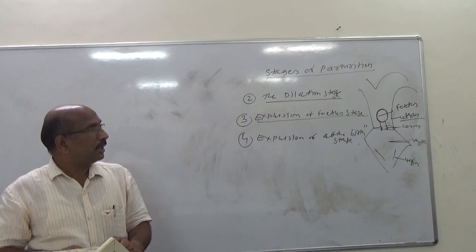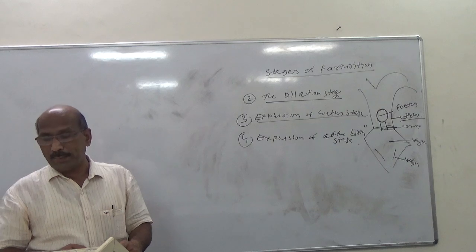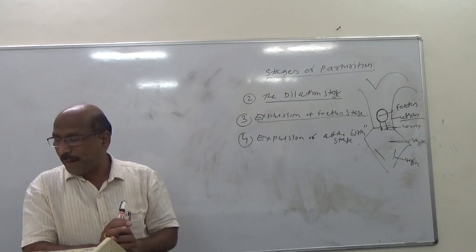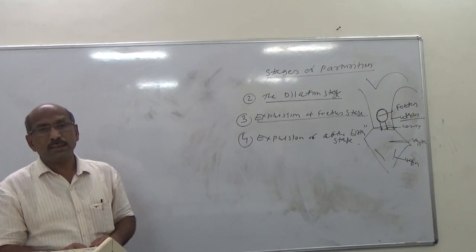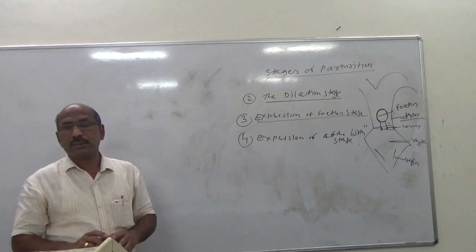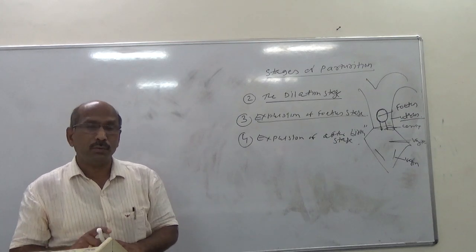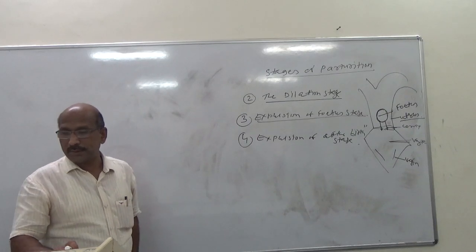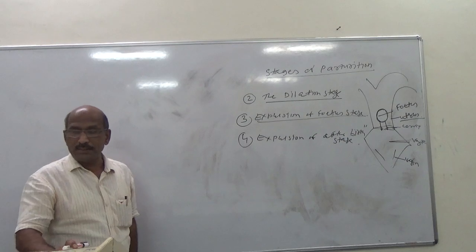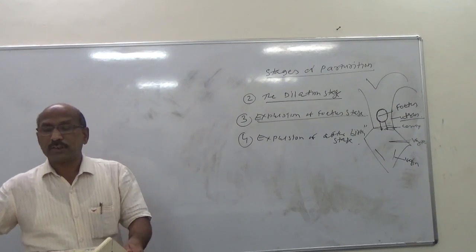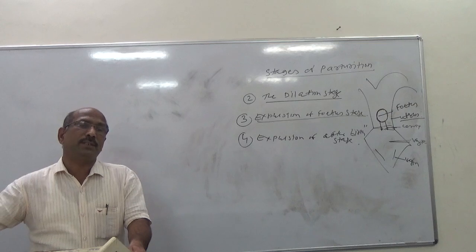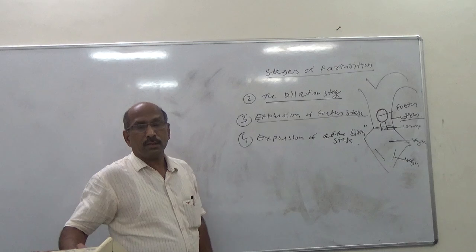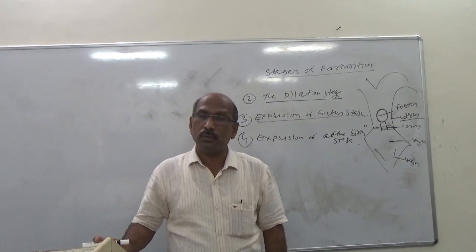Early discharge of the membrane is desirable to avoid putrefaction of the placenta, which may cause infection to the uterus.